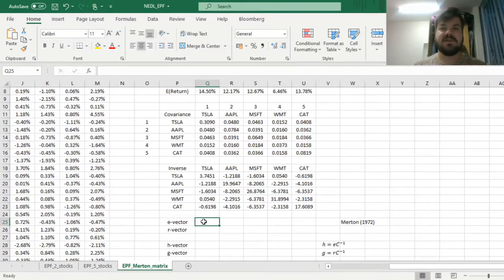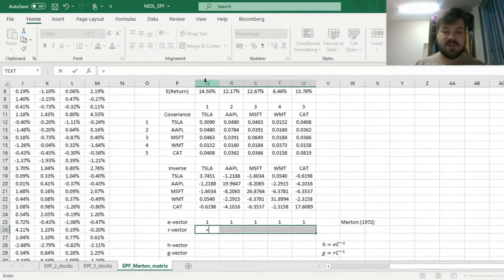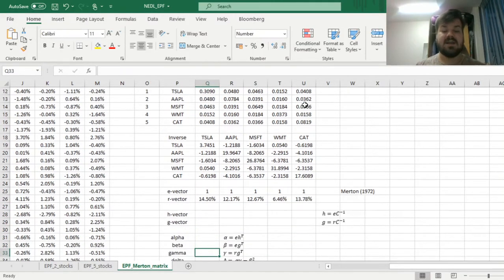As we have 5 stocks, our E vector is a vector of 5 ones: 1, 1, 1, 1, 1. And our R vector, as is pretty clear from the name, is the vector of expected returns. So we can just refer to the expected returns we got from CAPM over here and enforce this formula using Shift Control Enter. And now we can start the good stuff.